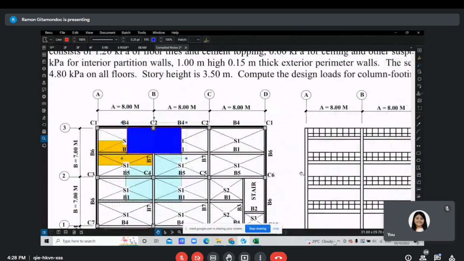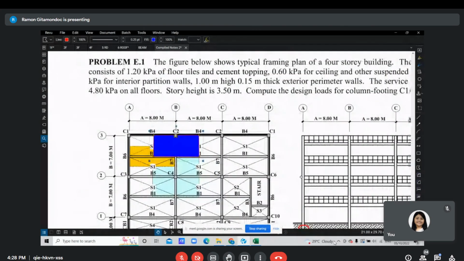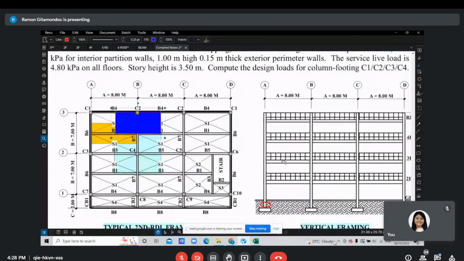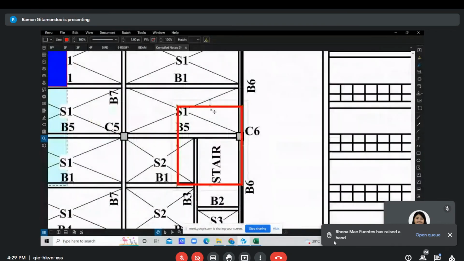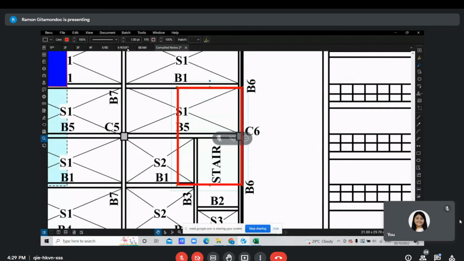So any questions? Even in this case, for column C6 with the stair, apply the same approach consistently.